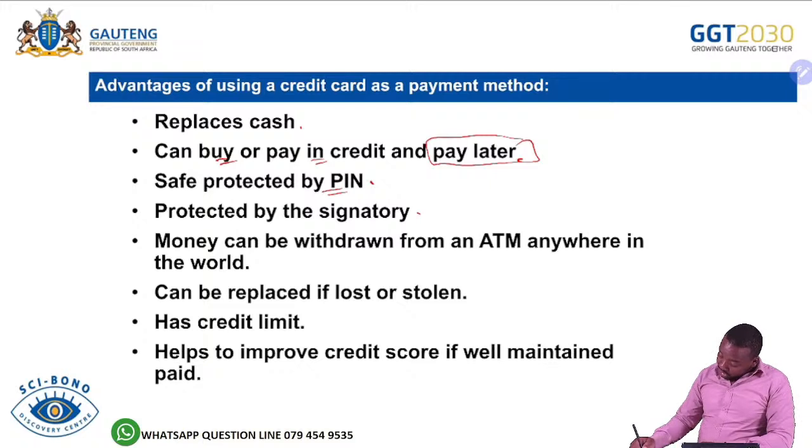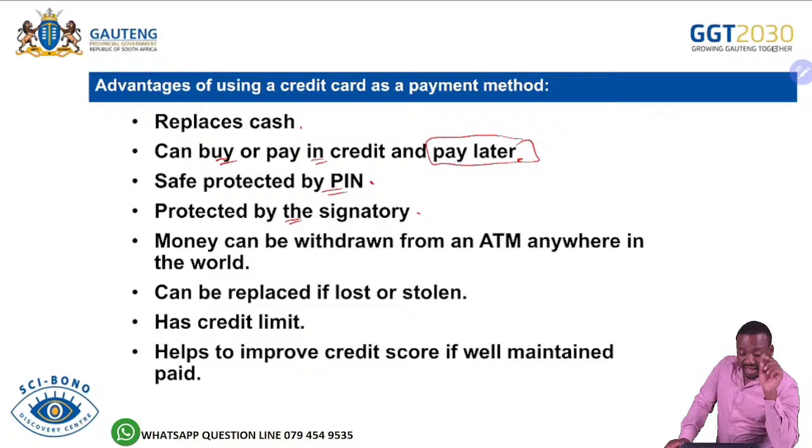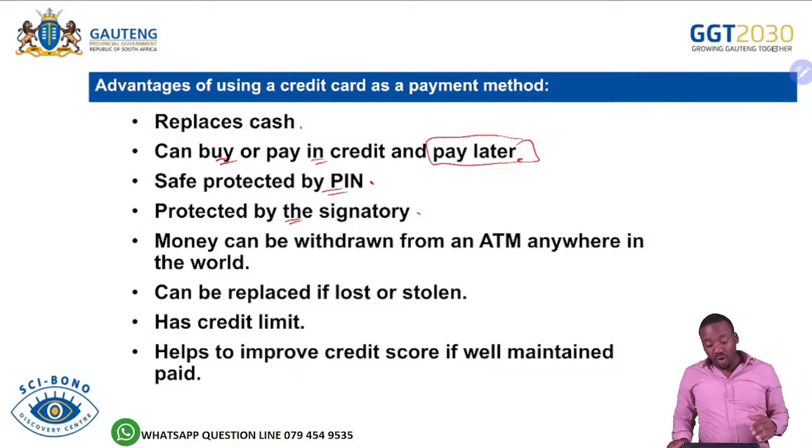They must double check whether the signature on the card and on your receipt are the same. If they are not the same, then they will start to question it, and they will say, no, you cannot use it. So it is safe. Again, it is protected by PIN and a signature, which is the signature of the owner of the card.